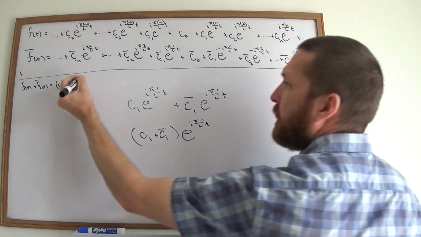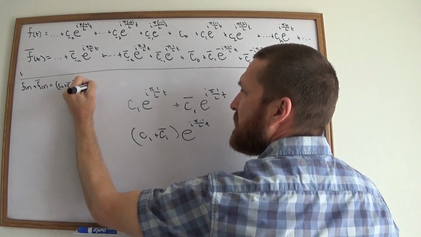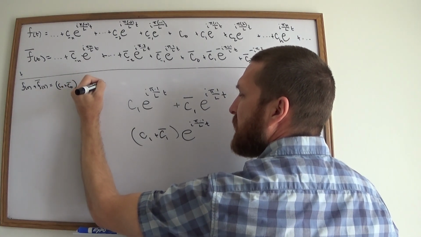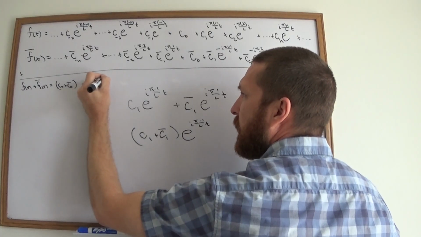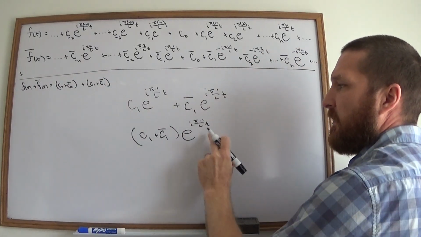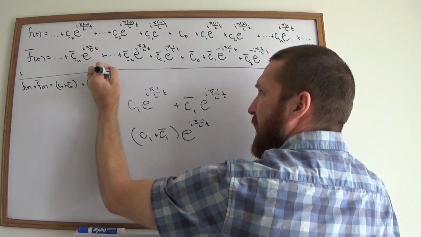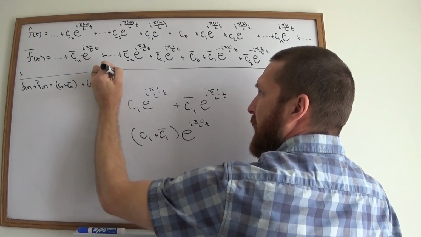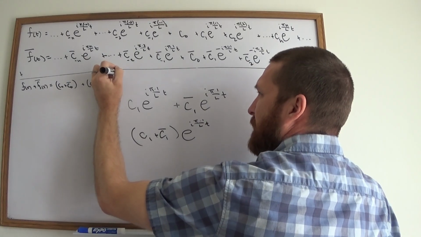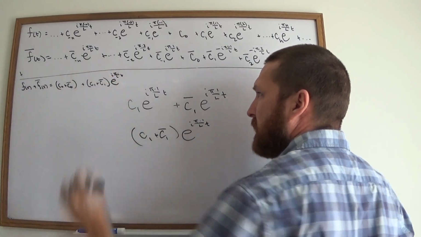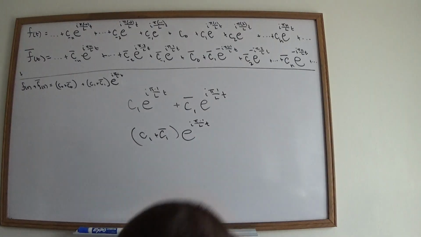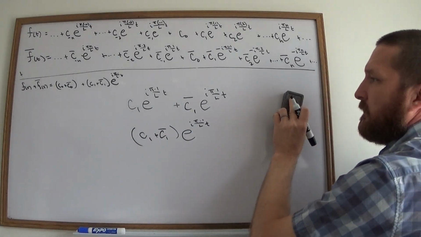So let's put that up here. We have C1 plus its conjugate, C1 bar, and then this guy right here, e to the I pi times 1 over LT.